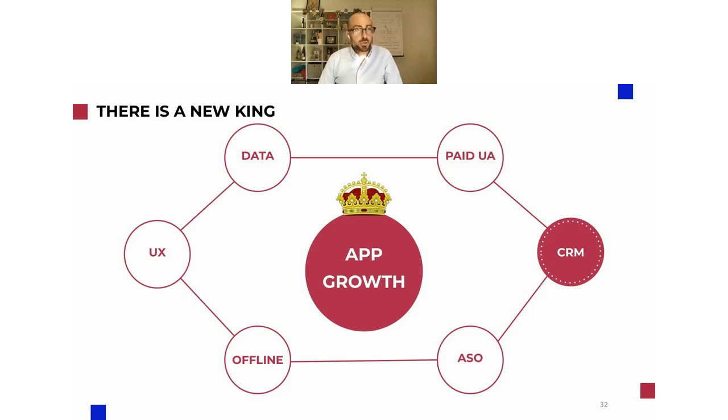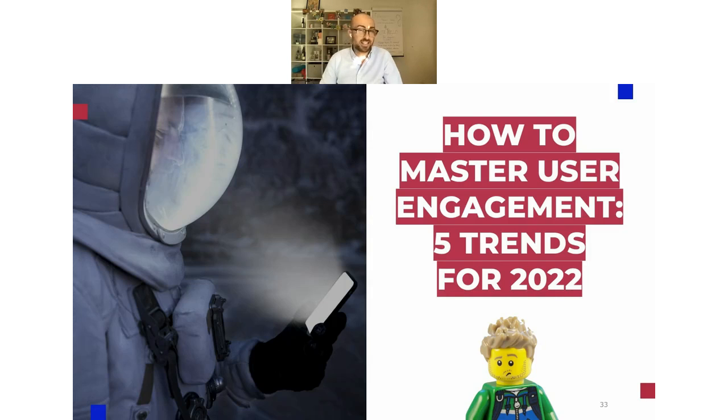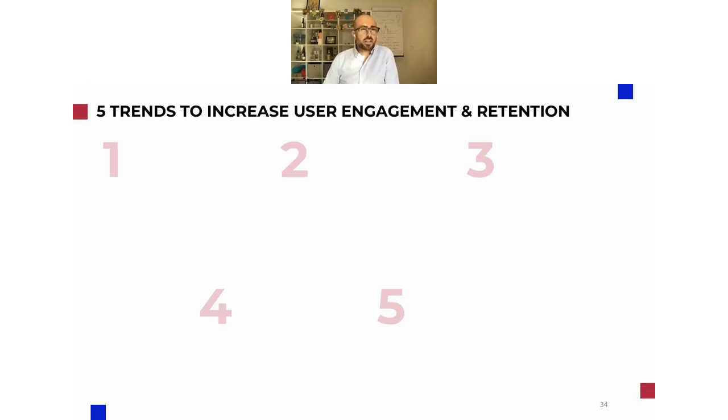It is the topic of today because mobile CRM is one of, if not the most important tool to help app marketers increase user engagement and retention. So today together we will see those 5 trends that here at REPLUG we have identified as important for increasing engagement and retention. Of course, there would be so many more things to speak about, but time is limited, so we will try to be focused only on those 5.